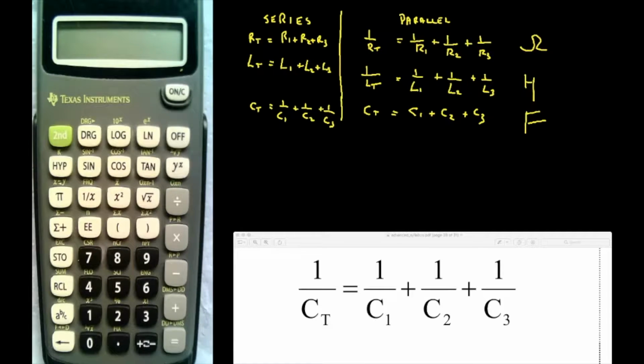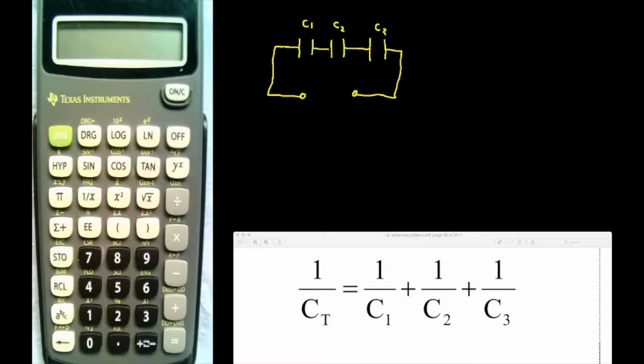So, clear that away, and we'll have a look at this formula then. Now, capacitors you'll tend to find not in farads, but in microfarads or nanofarads or picofarads. So let's take some values here of some capacitors in series.